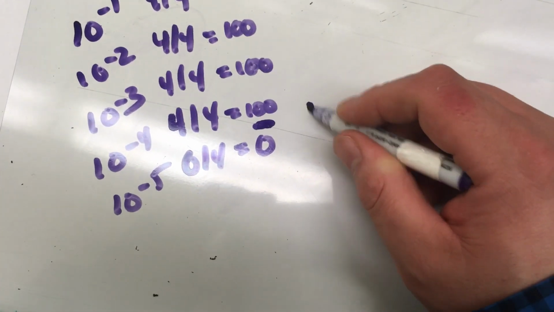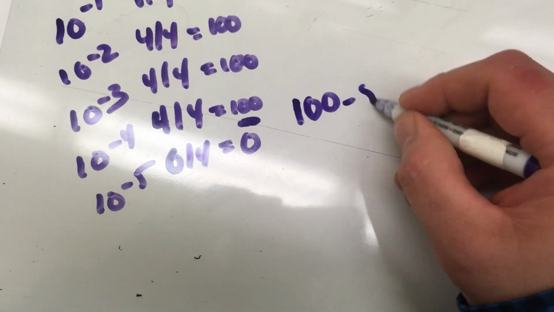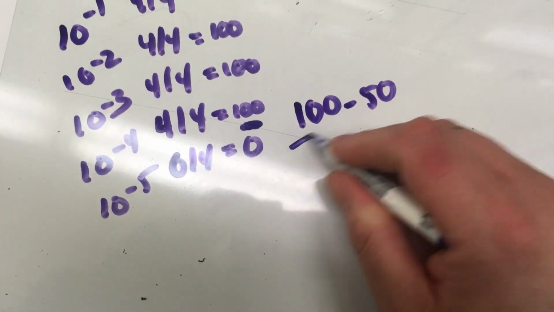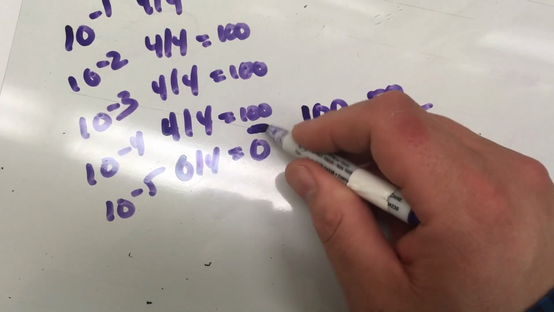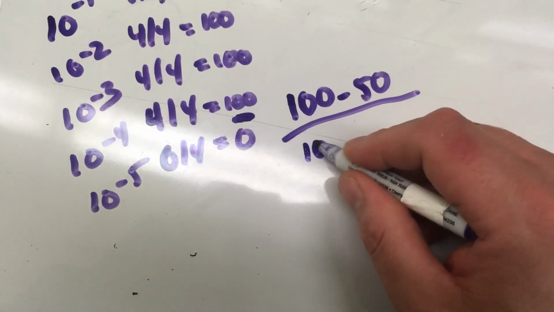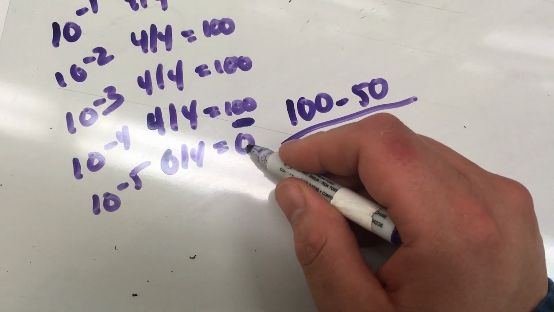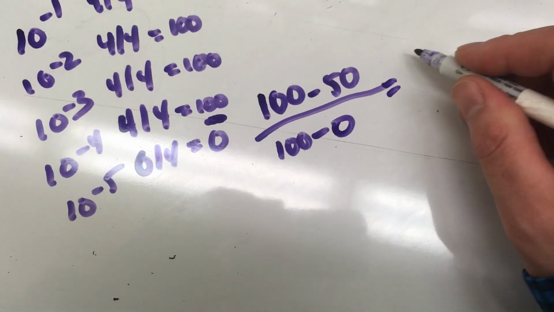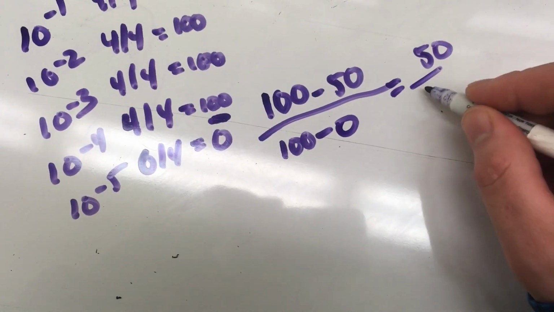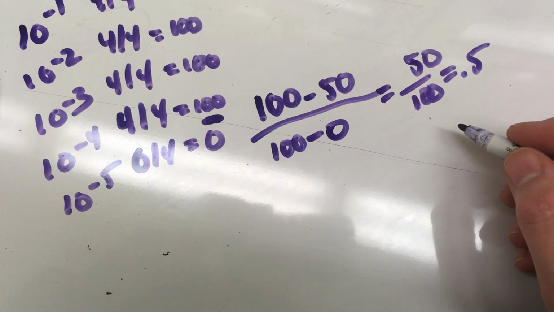With the formula, we take the first one above 50 and subtract 50 from it, and then divide that by the 100%, the one right above 50, subtracted by the next one below 50%, which in this case is 0. So we end up with 50 divided by 100, which equals 0.5.